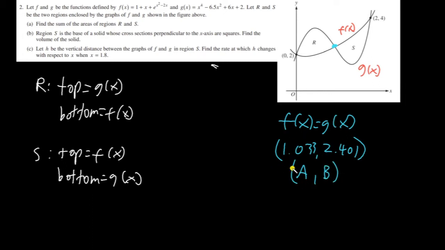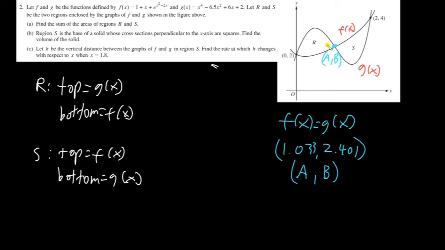In your calculator, you can assign certain variables to certain numbers. So you can assign a to this and b to this. And now whenever I reference a or b in the future, I'll be talking about this point, okay? So let me actually go back here and label it as a comma b. Okay, so now let's move on.